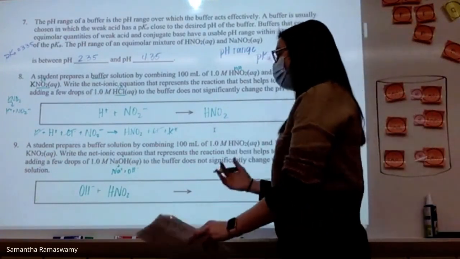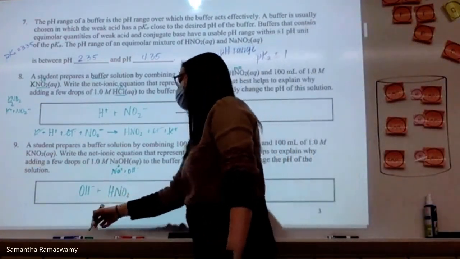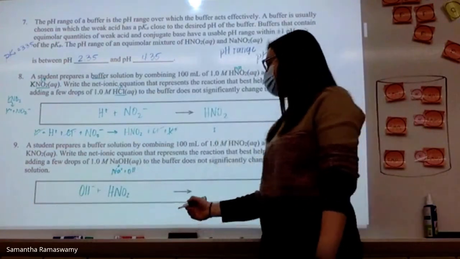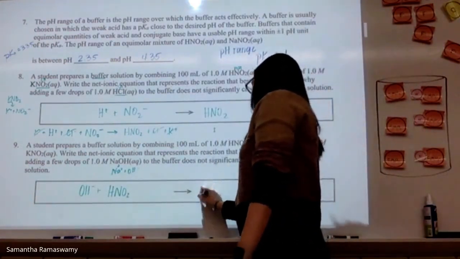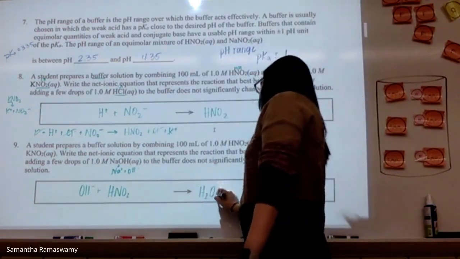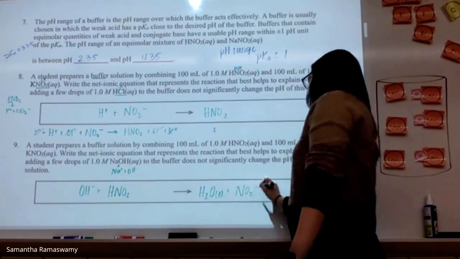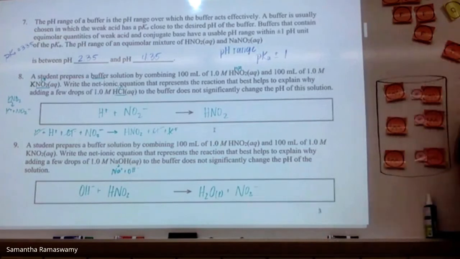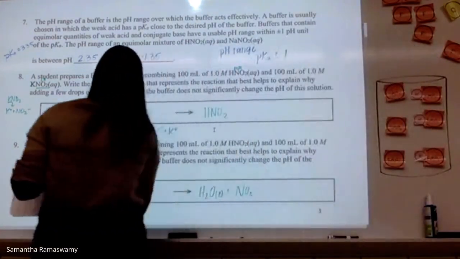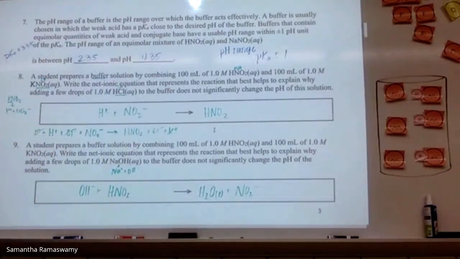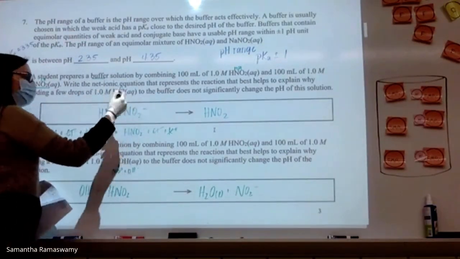We know from our work with acids and bases, the acid will donate its proton to the base. And we'll actually get H2O, which is a liquid. And we'll be left with NO2 minus. So notice how when an acid is added to the buffer, like in number 8, the basic component of the buffer works to neutralize.